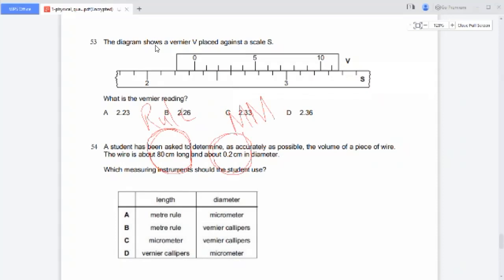Let's see what the correct option is. For length, meter rule; diameter is micrometer. This is the correct option.